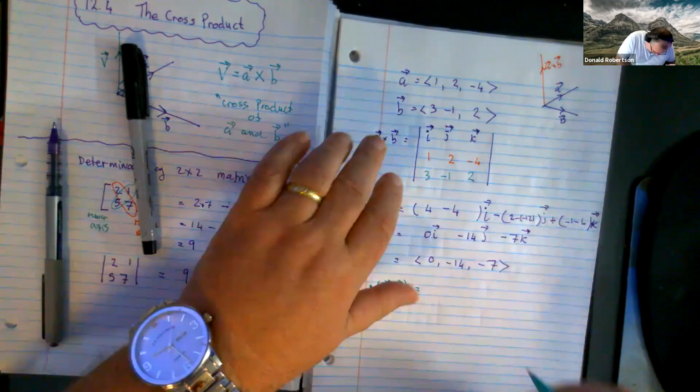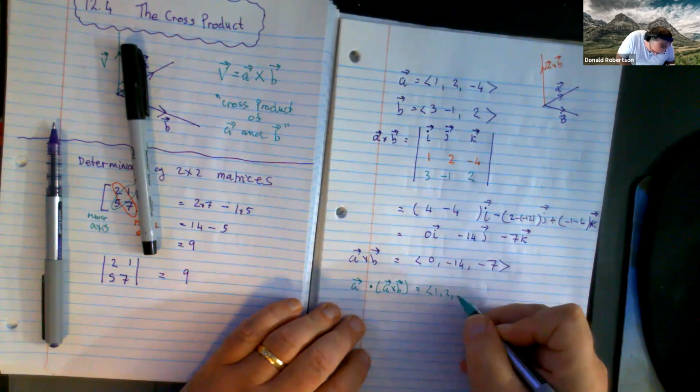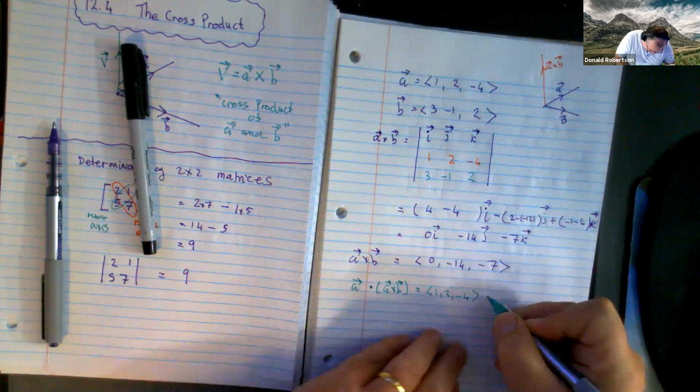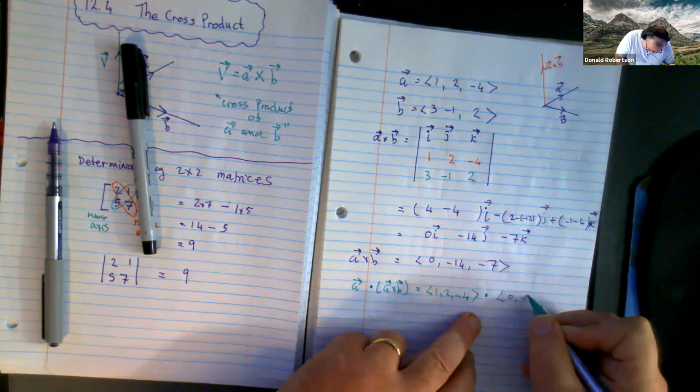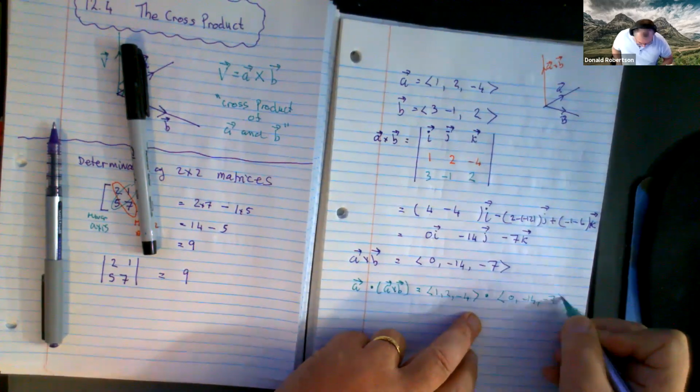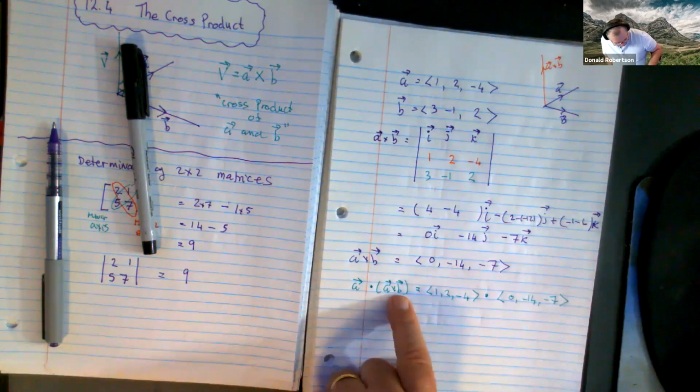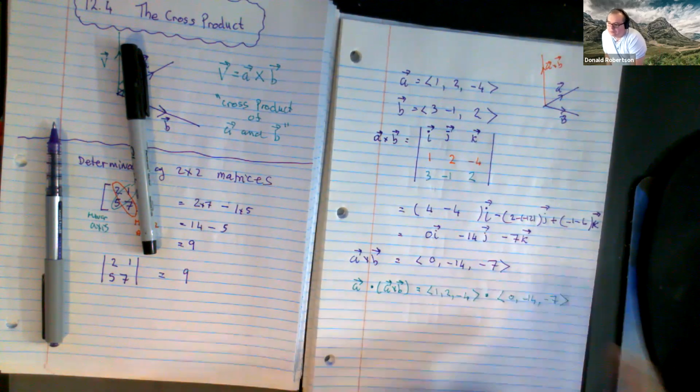Now, A is 1, 2, -4, dot product with 0, -14, -7. If A is perpendicular or orthogonal to this, shouldn't this dot product be 0? Agreed? Isn't that a way to check I've done it right?